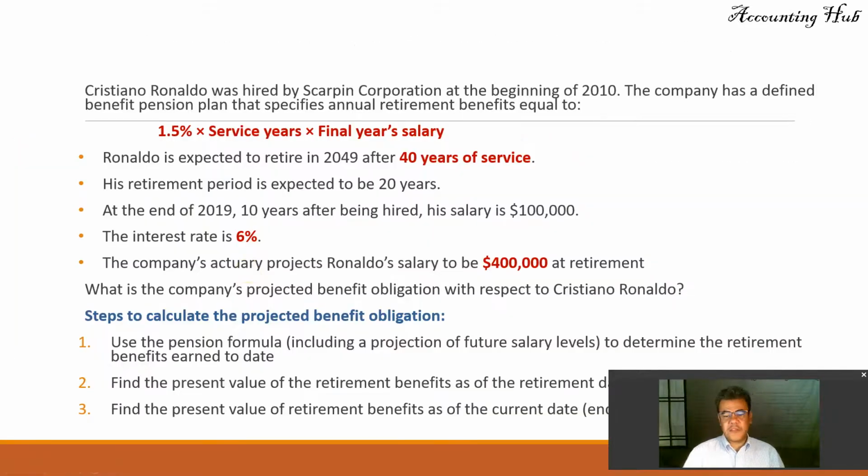So let's take this first scenario here. Cristiano Ronaldo was hired by Scarpin Corporation at the beginning of 2010. The company has a defined benefit pension plan that specifies annual retirement benefits equal to 1.5% times service years times final year salary. He is expected to retire in 2049 after 40 years of service.